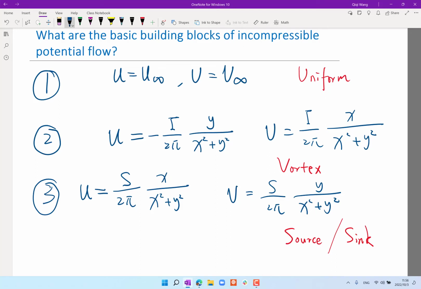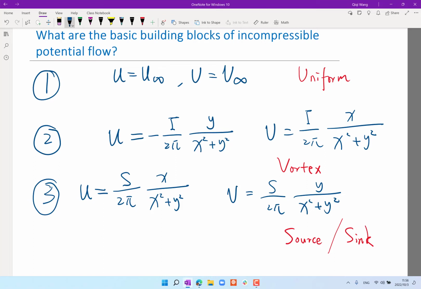That proves that the vorticity is equal to 0, and also the divergence is equal to 0. So both satisfy the incompressibility condition and the potential flow condition, which means it's irrotational, right? Zero vorticity.